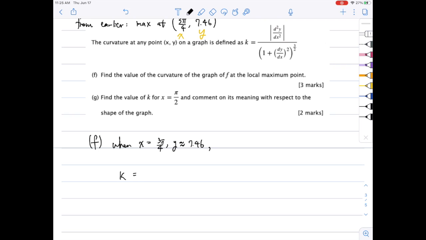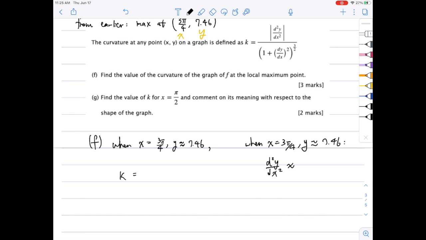Maybe I'll do that on the side. So when x is equal to 3/4 of a pi and y is approximately 7.46, our second derivative of y with respect to x is approximately equal to, and then you would go ahead and calculate that.